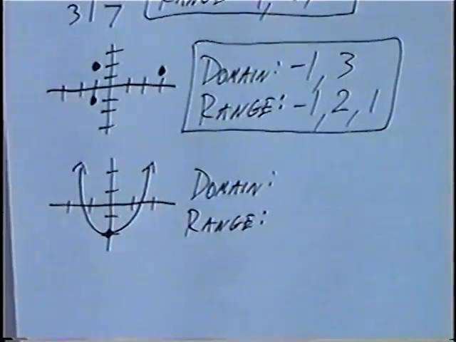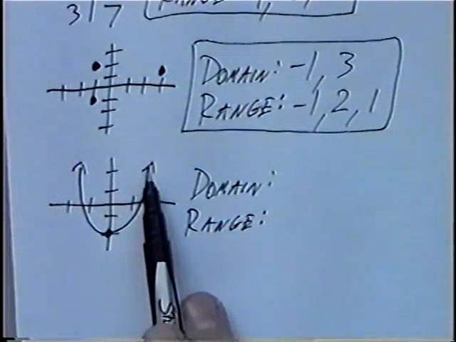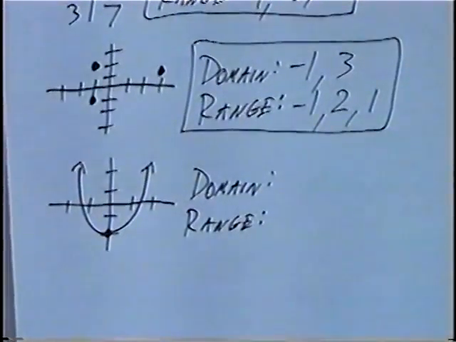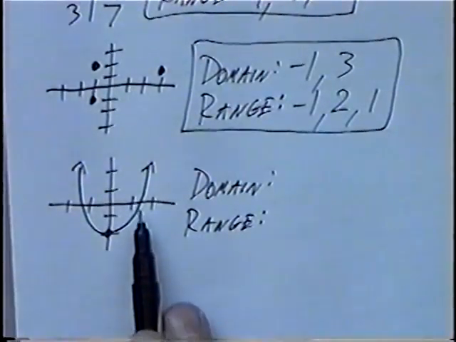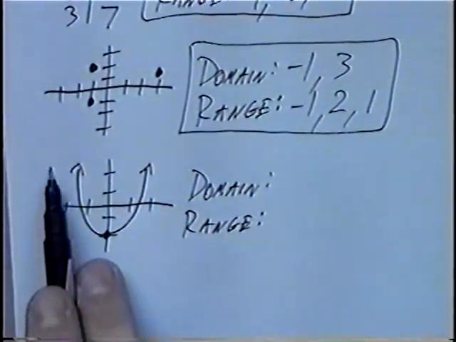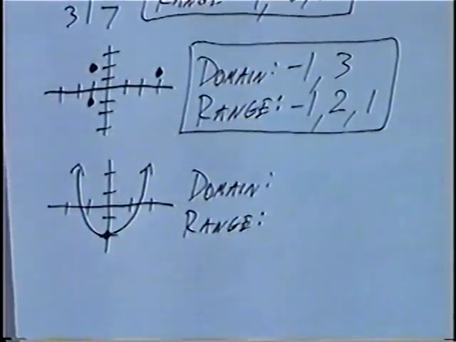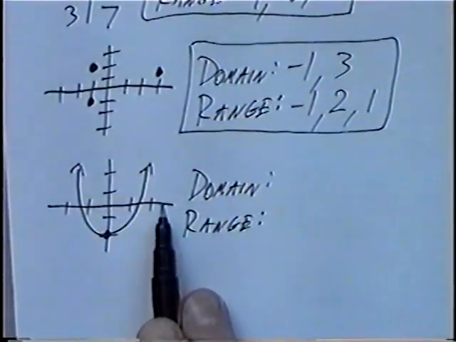The domain again is all the x values. Looking at this graph, the line consists of many or infinite points. All those points contain any x value on the graph. You can take any number on the graph negative. If you go up high enough, the graph will go up to that point and the x value will be on the graph. Same thing for any positive value.